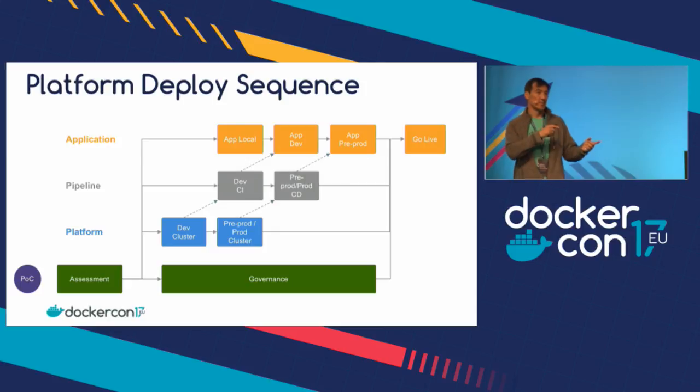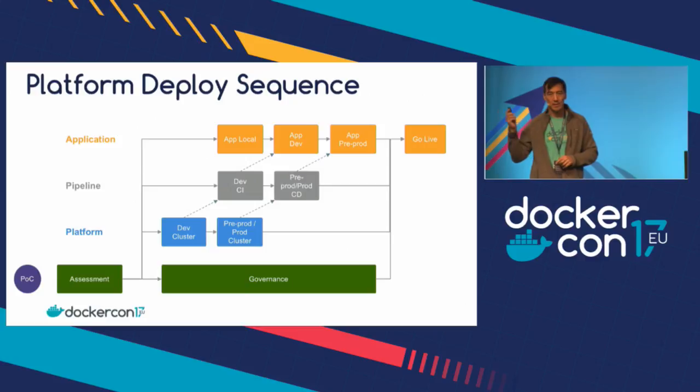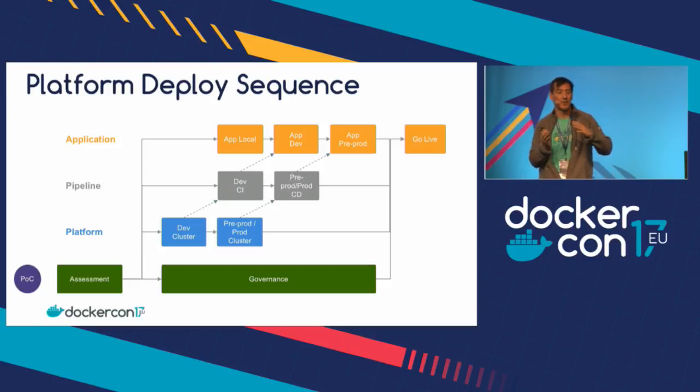And then the app team just uses the CI/CD and says, okay, now let's deploy that to pre-prod. And we can start maybe doing load testing and doing some final UAT testing until you go live. So this is how we can sequence things and get you going live actually a little bit faster.